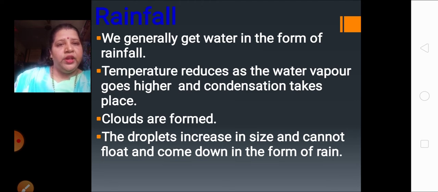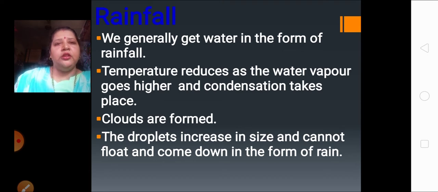Understood everyone? How we get the rainfall? Just because of the reduction in the temperature at a higher altitude, the water vapor is converted into water droplets to form the clouds. Along with the dust particles, the water vapor forms the clouds.